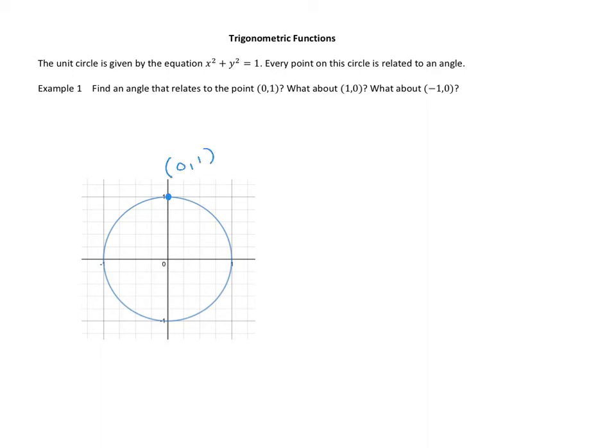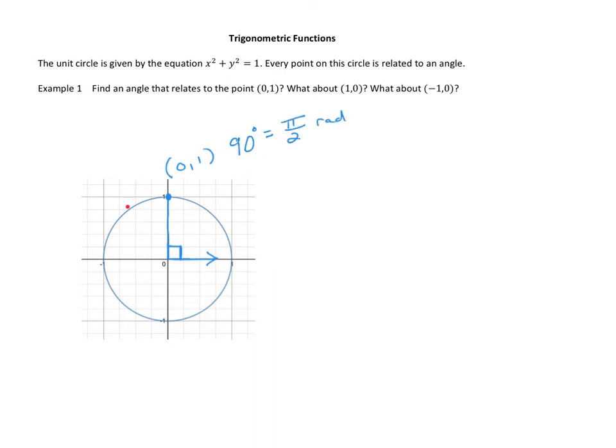The way we're going to create an angle is by drawing a line down to the point (0, 0), and then drawing a line on the positive x-axis. And then this is going to be the angle here that we're talking about. It's the angle that moves the point from here to here. Now, the angle that relates to this point is going to be 90 degrees. And if you want to write that in radians, that is pi over 2.